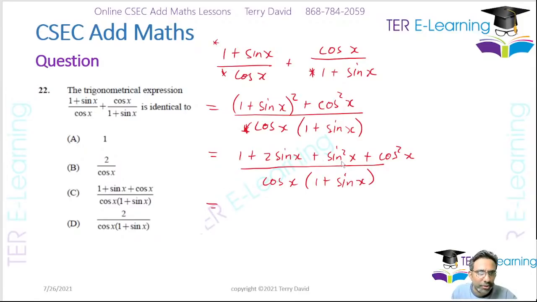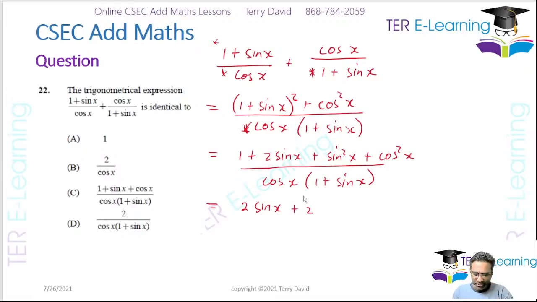The top part now, you have sine squared x plus cos squared x. You should know that that's equal to 1. So you're going to end up with 2 sine x plus 2. Hope that's correct.